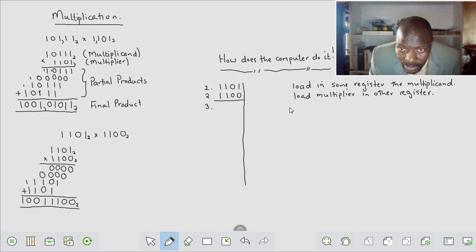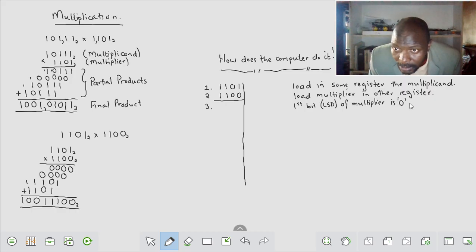What do we say? We say, okay, what is the first bit? The first bit, or what we call the least significant digit, of the multiplier is 0. So what do we do?